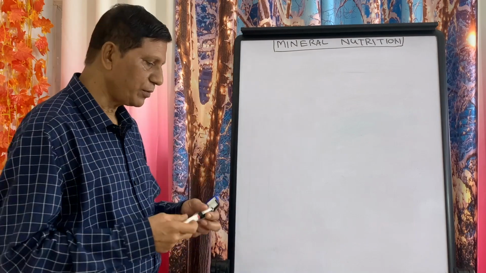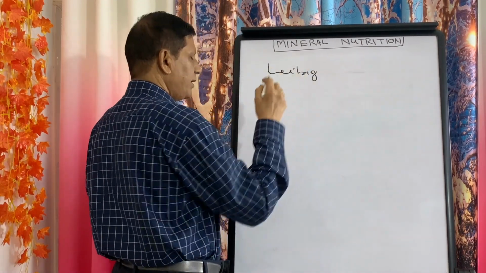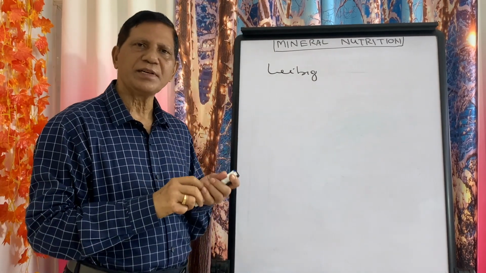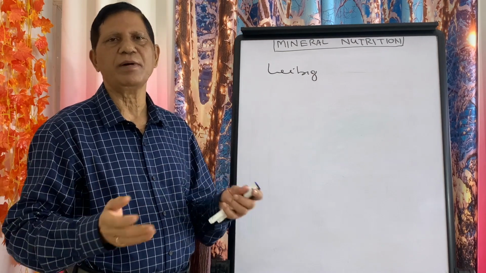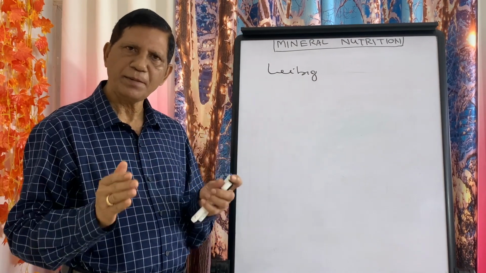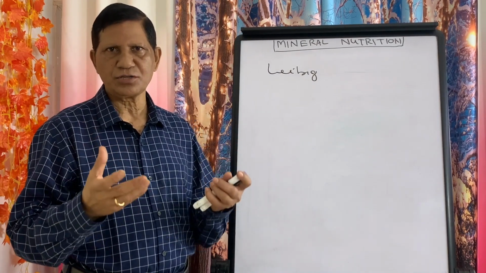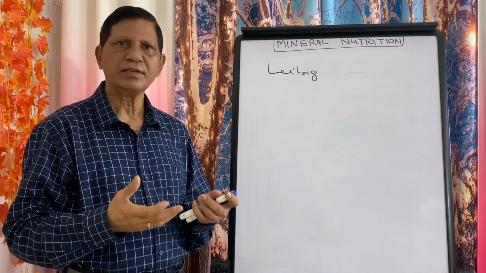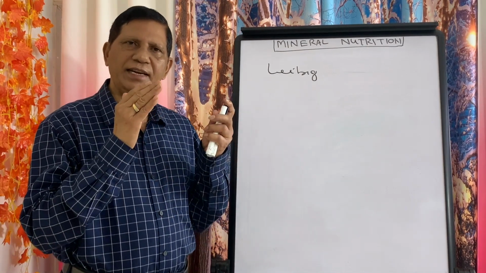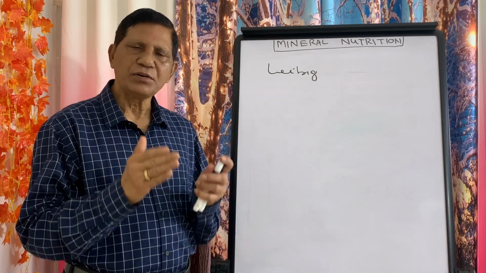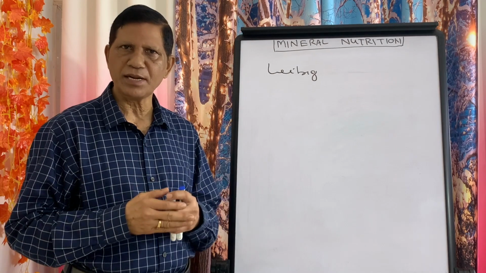And Liebig is one scientist who reported that the different minerals present in the soil are absorbed by the plants and utilized by them. So they use some of them, and those which are retained in the leaves, nuts or seeds and fruits, that also we get from them. That means in case of plants, the nutrition is mostly inorganic because they synthesize the food material by themselves.